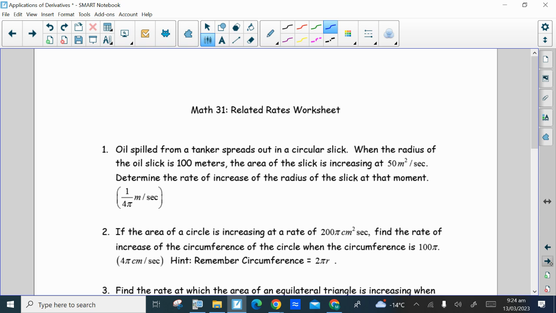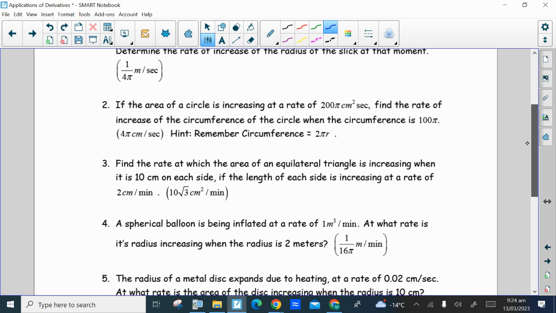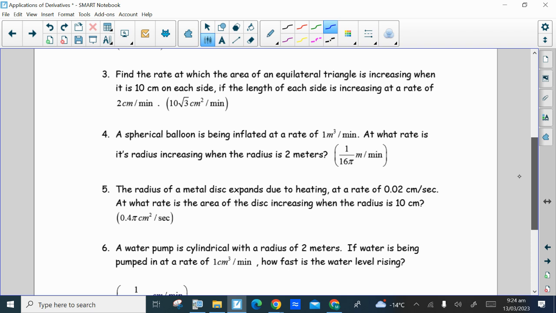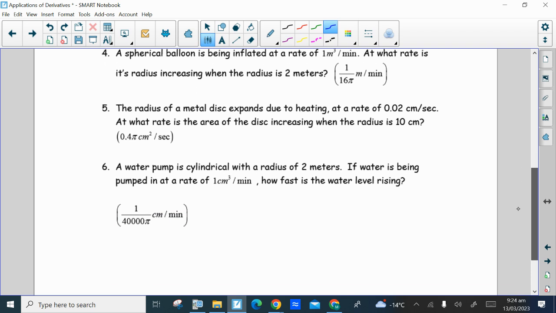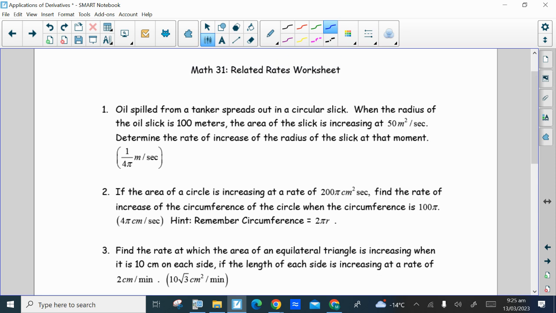So there's a worksheet there. I have written the answers in brackets for each of these, so you can check your work, what you should get. You're going to have to look up some of these formulas.